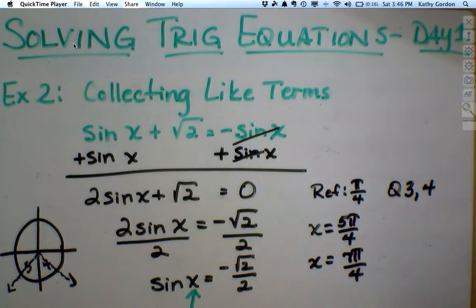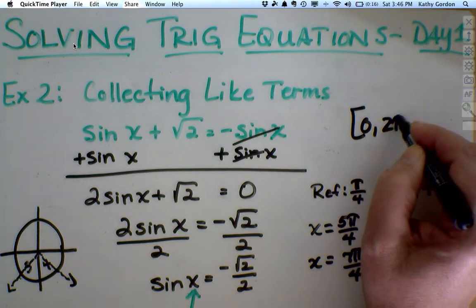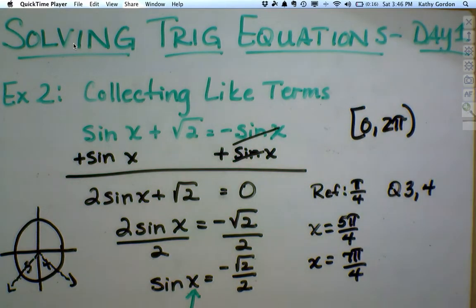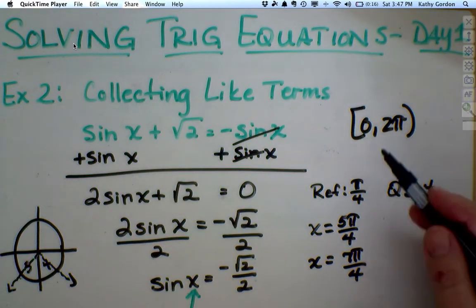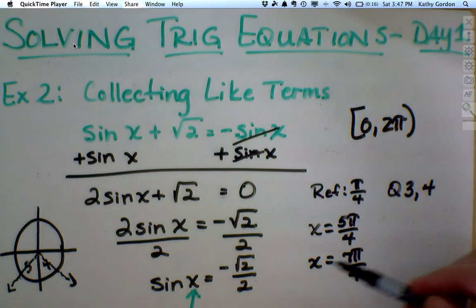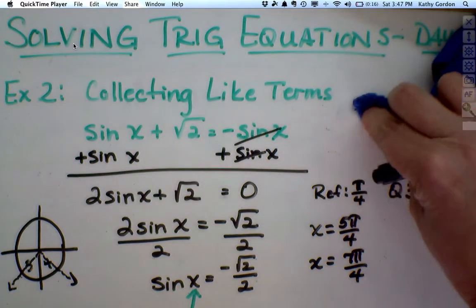And if I had the restriction of only looking for answers from 0 to 2 pi, I would be done. These are the two angle measures from 0 to 2 pi that would make this equation true. But as I mentioned a moment ago, that was not the case.